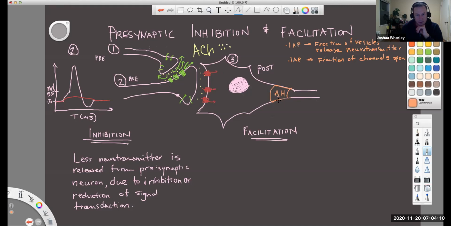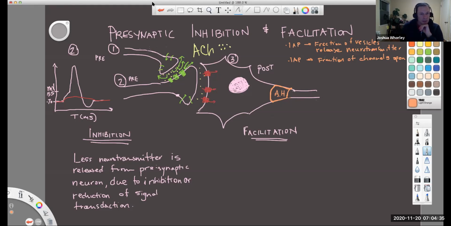This is where all of this positive charge is summed up to see, does this get to threshold? And if it does, then we get the firing of an action potential here. But do remember that this influx of sodium here just creates a graded potential that spreads passively here.